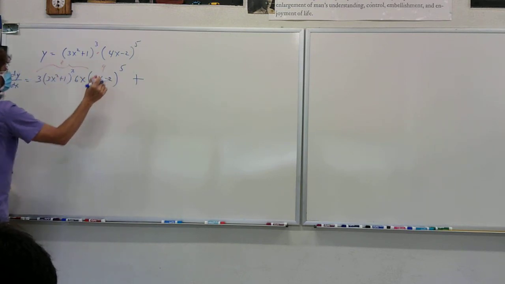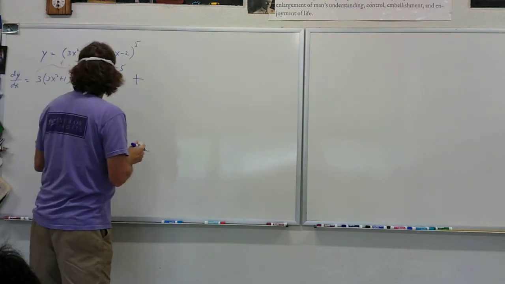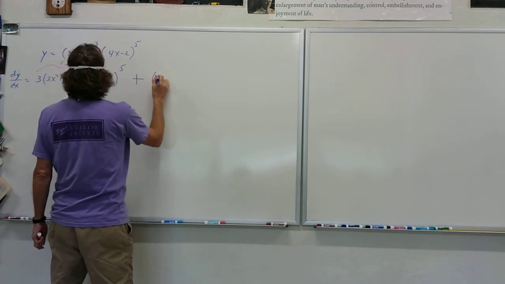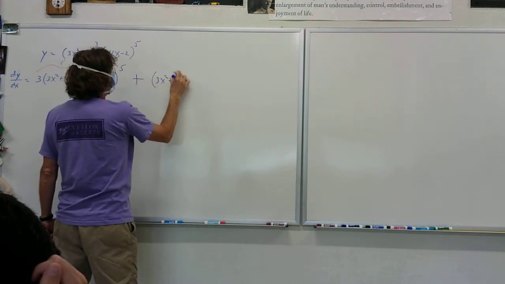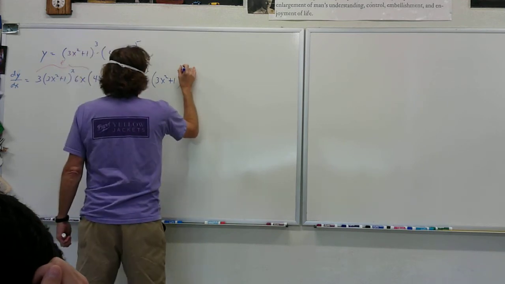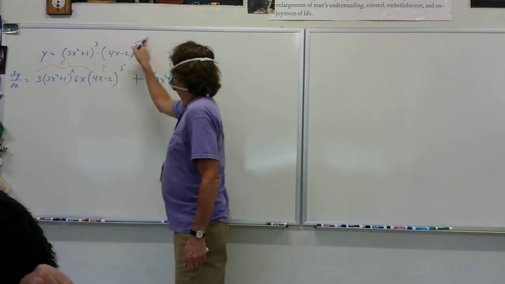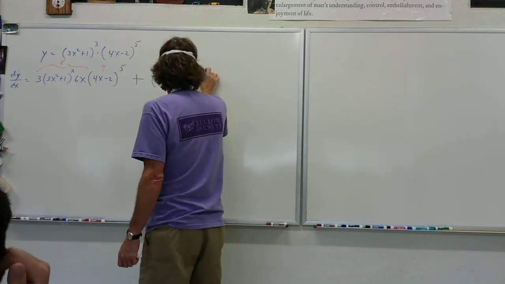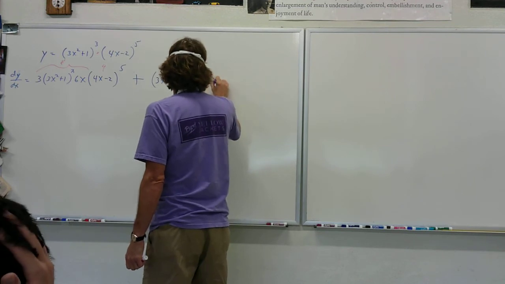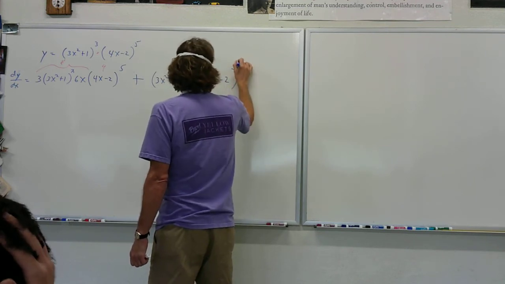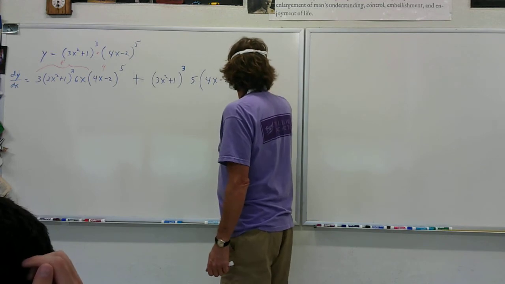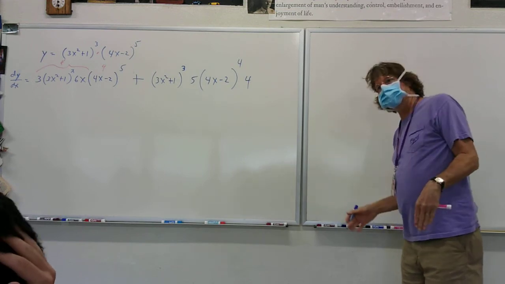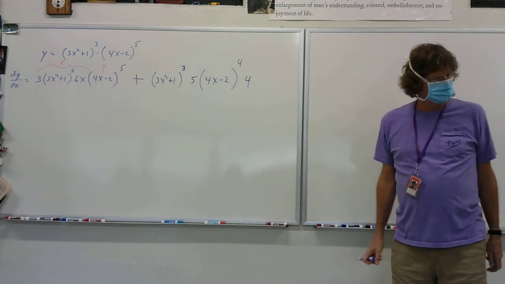There's your second term. Now we're going to write down the first term raised to the third. And then we're going to use our power rule to take the derivative of this second term. So we get 5 times 4x minus 2. Please do not change the order we're doing this in. Then take the derivative of that, which is 4. No, I do not want you bringing that 4 to the front in the same step. You put it out there on the end so that you know you did your du. All right?